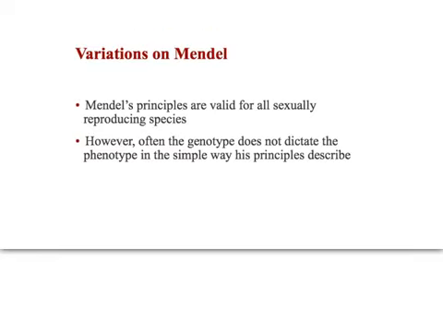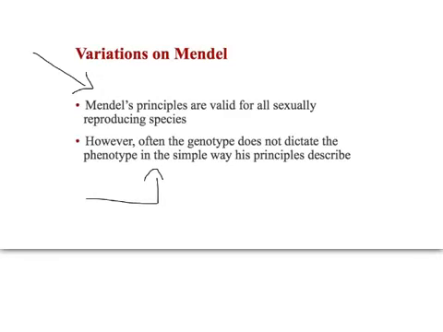To start out, it turns out what Mendel discovered and taught us is absolutely valid for all sexually reproducing species. What he discovered is still the basics of genetics today. However, it turns out his really simple rule, that if you have a dominant allele, you automatically have a dominant phenotype, and if you only have recessive alleles, you automatically have a recessive phenotype, doesn't always hold entirely.